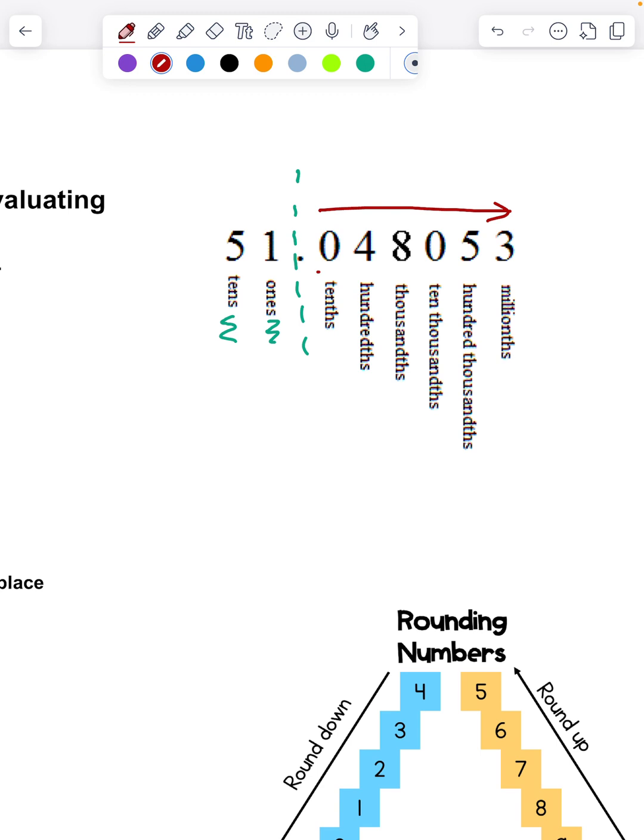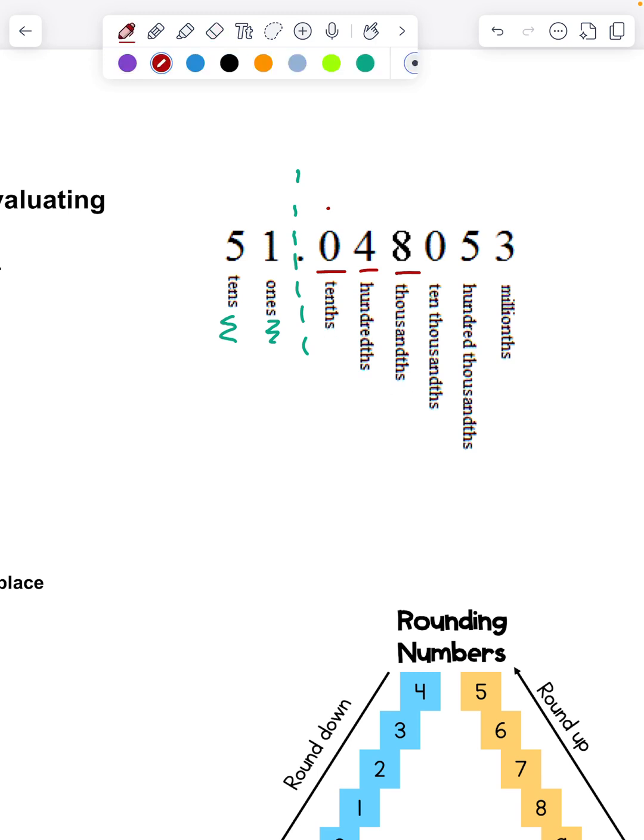As we go to the right, the first is the tenths place, then the hundredths, then the thousandths, and then we do have ten-thousandths and hundred-thousandths, but we don't really care so much about those. These are the ones you need to be familiar with. You are going to be asked to round to the tenths place or to round to the hundredths, so we need to make sure that we know what place that's talking about. This is good vocab for us here.